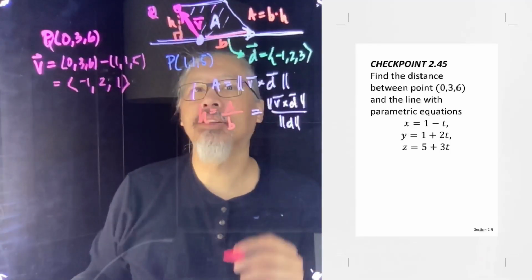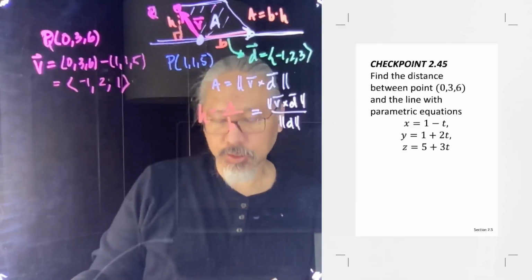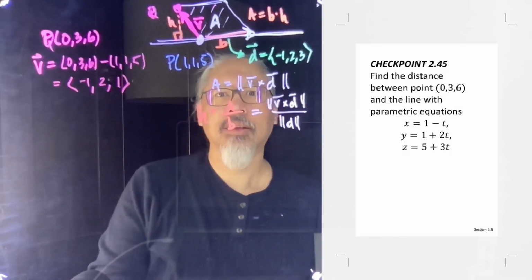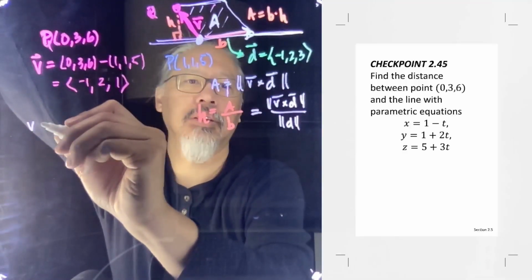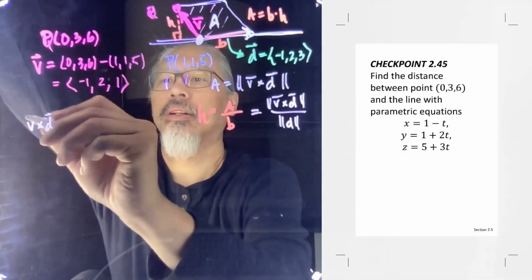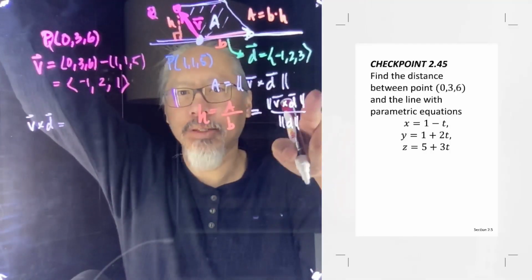All right, we have a vector v, we have a vector d. Let's find the cross product v cross d. Now the order really wouldn't matter because we're going to take the absolute value anyways.